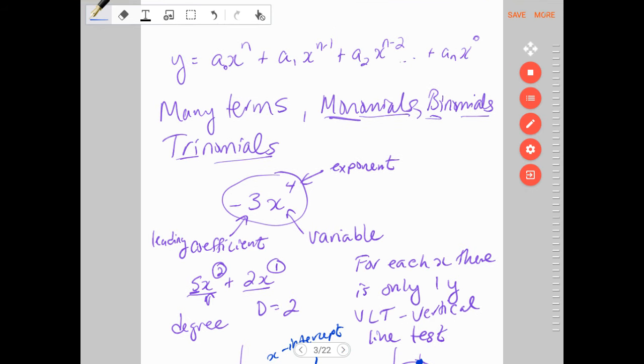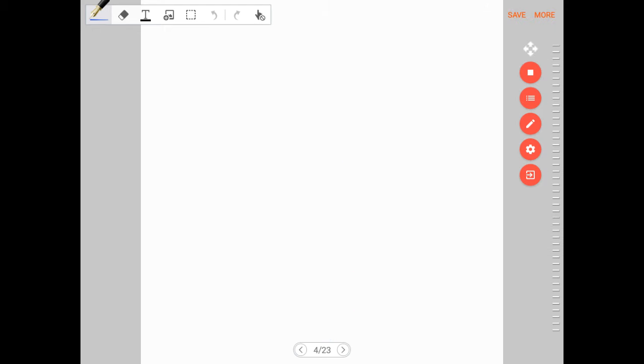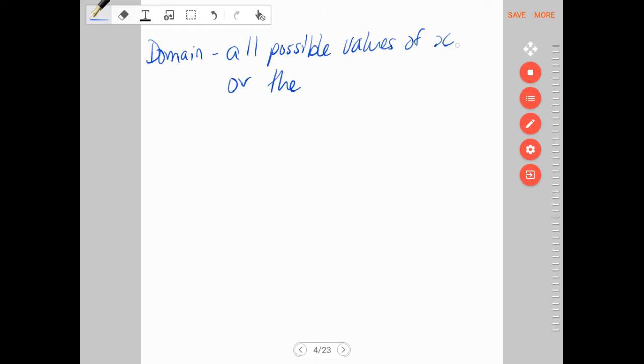I'm just going to add a page here. Domain is all possible values of x, or the independent variable.